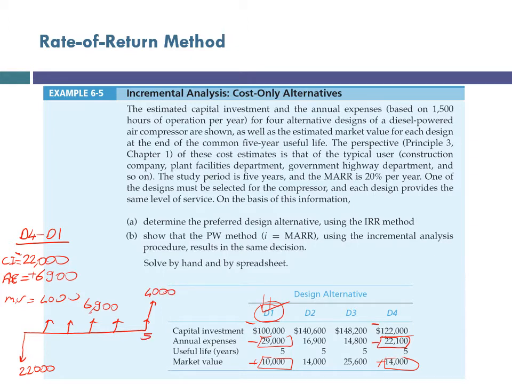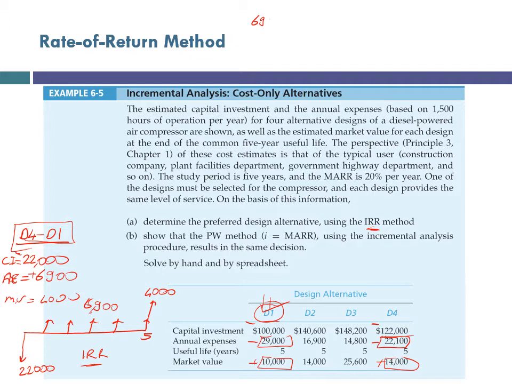Now this is D4 minus D1, and in order to decide which alternative to continue with in the IRR method, I need to find the internal rate of return for this cash flow. And simply, how do we do it? I need to move everything to time 0.